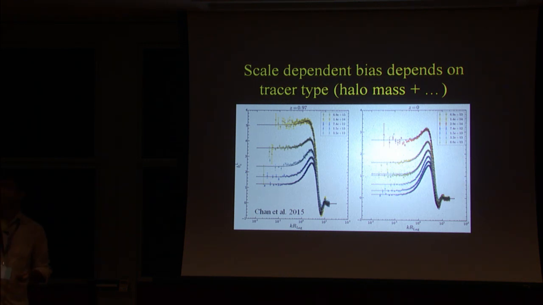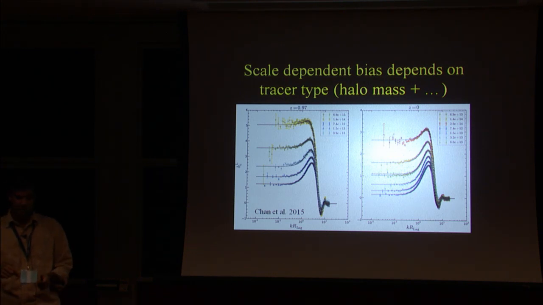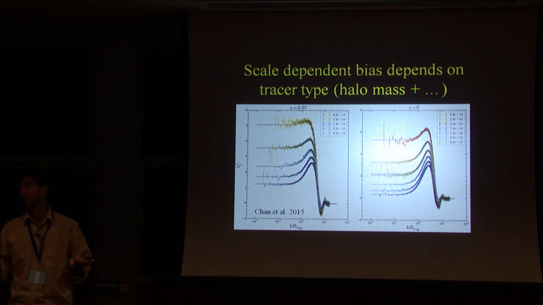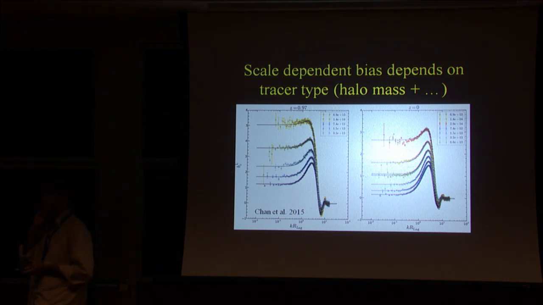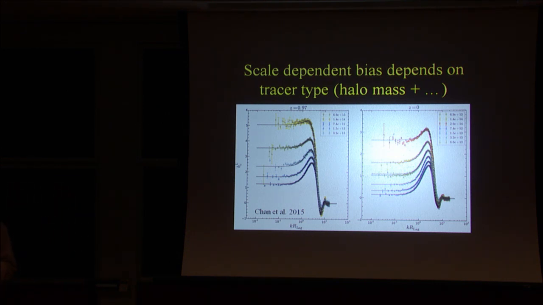A halo is a position, and you just count all the dark matter particles around that position, whether or not they are halo particles. It's a usual cross correlation, right? It's not the auto. This is the halo-matter.